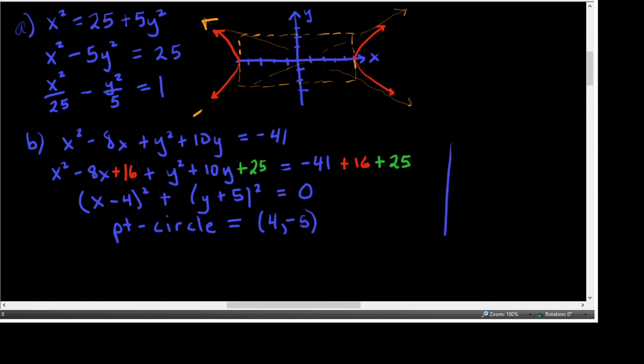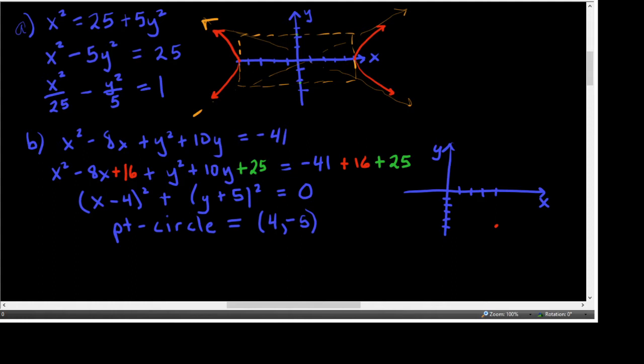And the graph of that one, not that earth-shattering. It's just a point. And that point is right there. That's the only ordered pair that makes that given equation true.